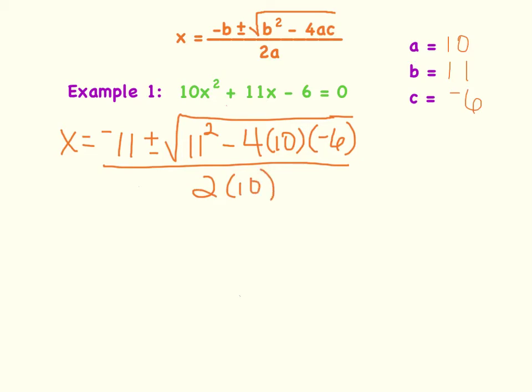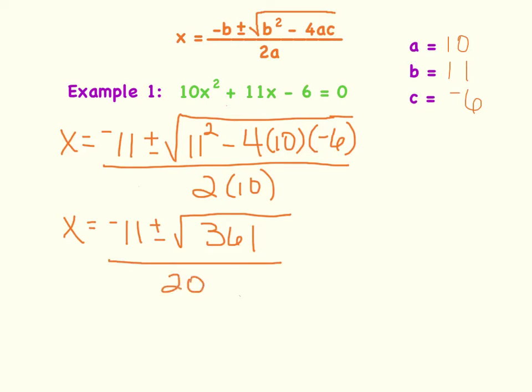Now we can start to simplify this. So I've got x equals negative 11 plus or minus the square root. Now 11 squared minus 4 times 10 times negative 6 is 361. And we will divide this by 20. Now we can continue to simplify this.